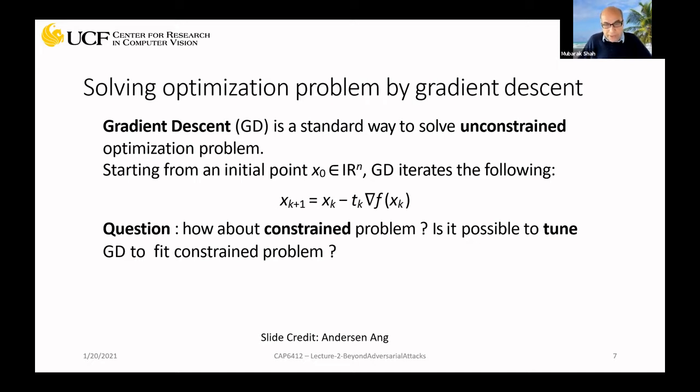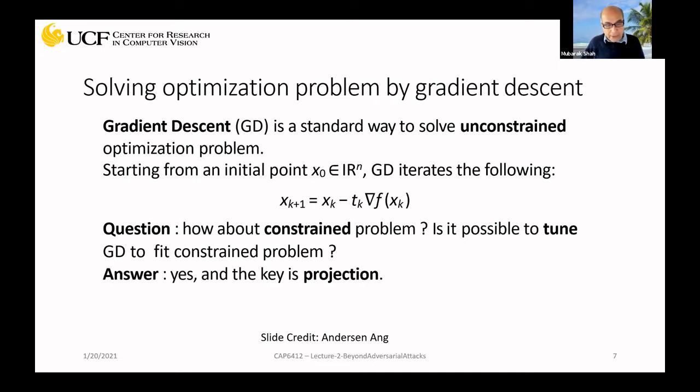So then the question is, what can we do when we have some constraint? Can we say that the solution is, of course, the minimum of the function, but it satisfies some constraint, because that's what we have in adversarial machine learning?